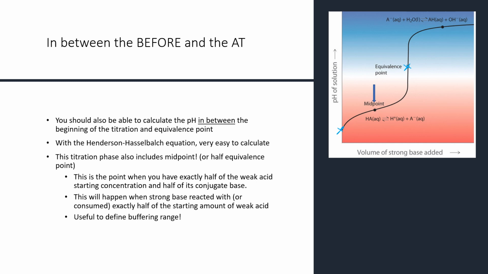I will define it quantitatively in a moment, but the first thing I want you to do is notice that the midpoint is in a very interesting part of the graph, because notice that on either side of the midpoint, the pH is not going up rapidly at all. It is a fairly minimal change in pH.